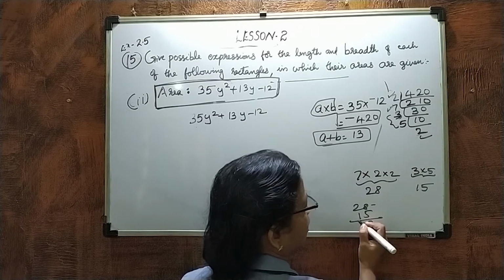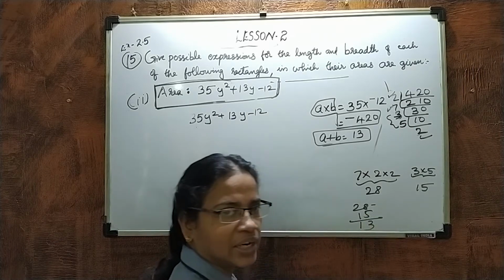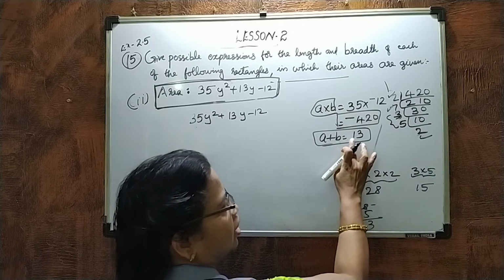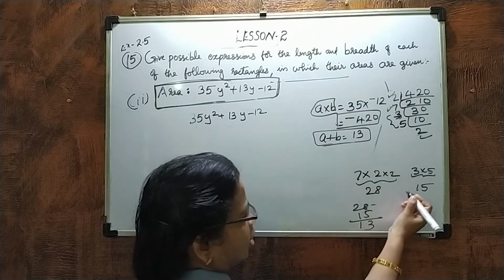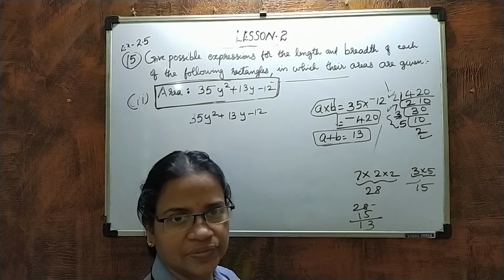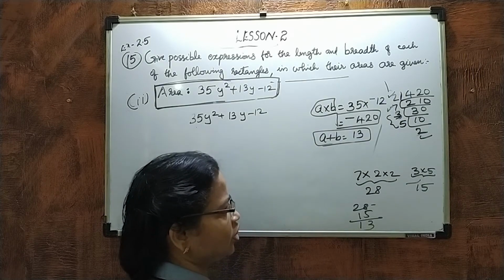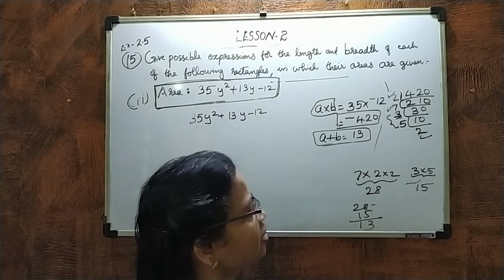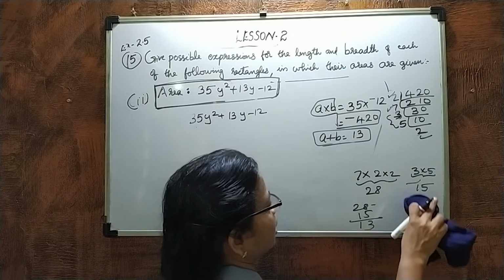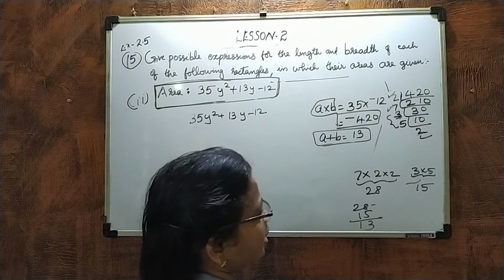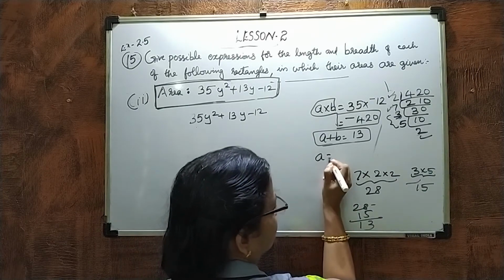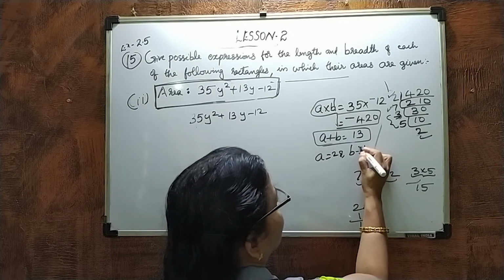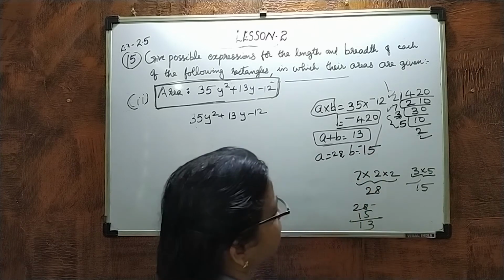Here it is 3, here it is 1. Correct, answer 13 you will get. Now the sign you have to take. Here positive 13 means the bigger one gets the positive sign and the smaller one gets the negative sign. When you add 28 plus 15 you will get some other number, only subtraction will give it, right. So it is 28 and 15, those are the numbers. A is equal to 28 and B is equal to negative 15 you will get.